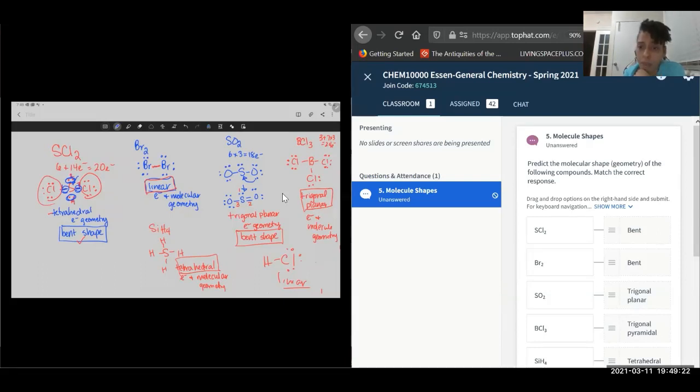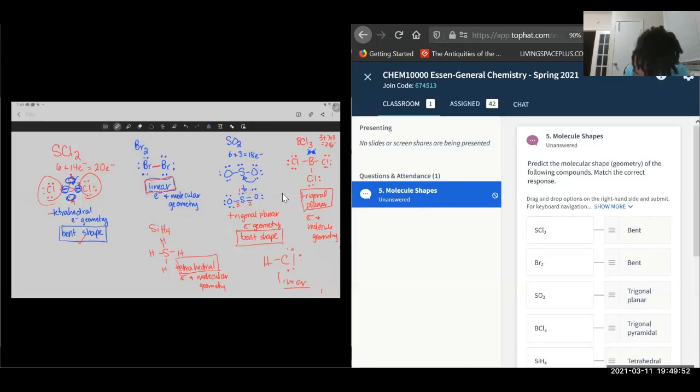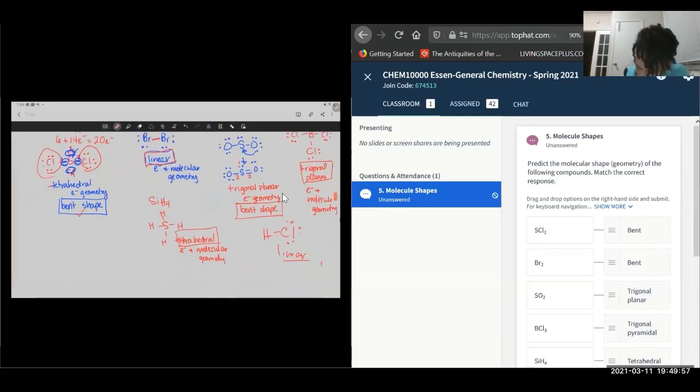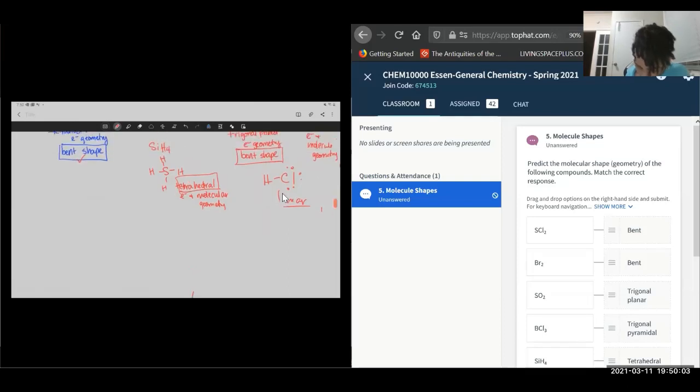So the question, why wouldn't HCl be trigonal pyramidal? Is that the question? For it to be pyramidal, I would have to have another pair of electrons up here. In order for something to be trigonal pyramidal, it has to have 4 electron groups.